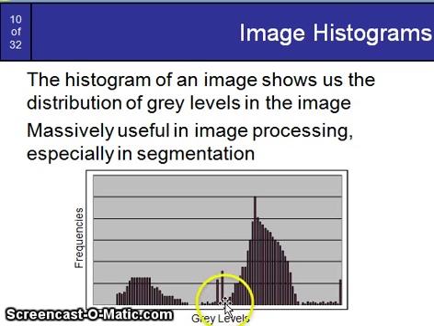So this tells us that at this particular gray level we have so many pixels, and this particular gray level has the highest number of pixels in the image. So the histogram gives us an idea of the various gray levels and the various frequencies of occurrence of these gray levels in a particular image.